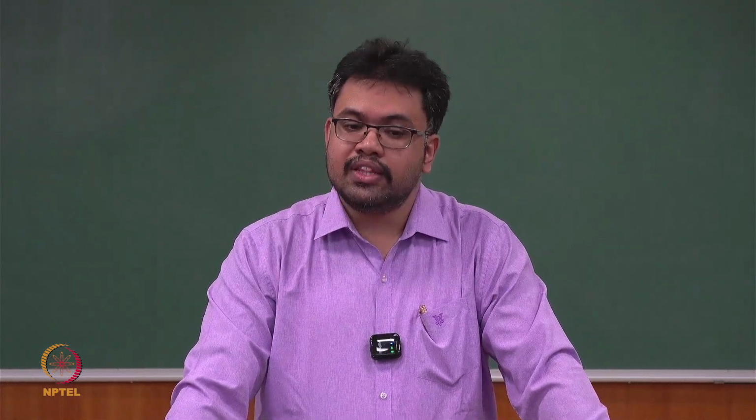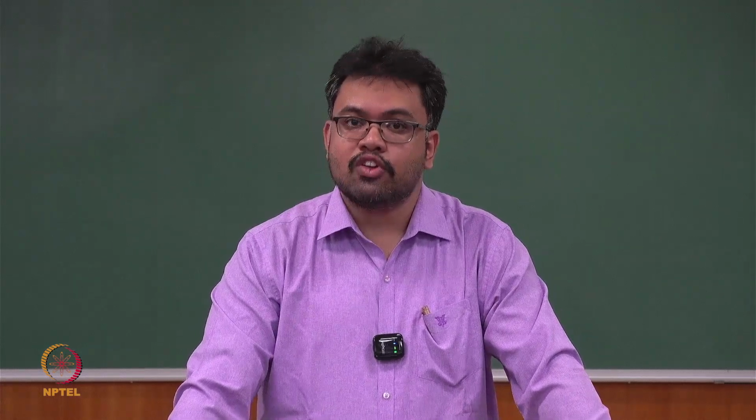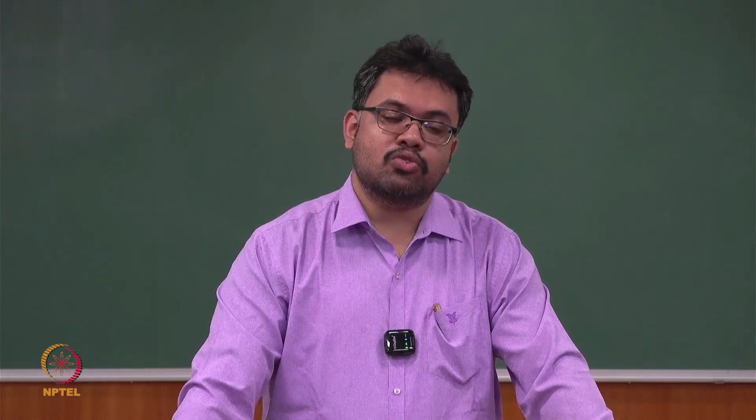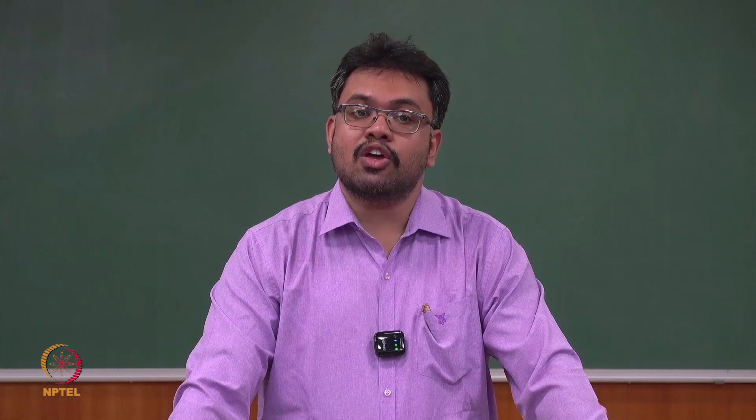We have seen there are two types of algorithms. One is the implicit scheme, another is the explicit scheme. So implicit and explicit is about at what time step we are.